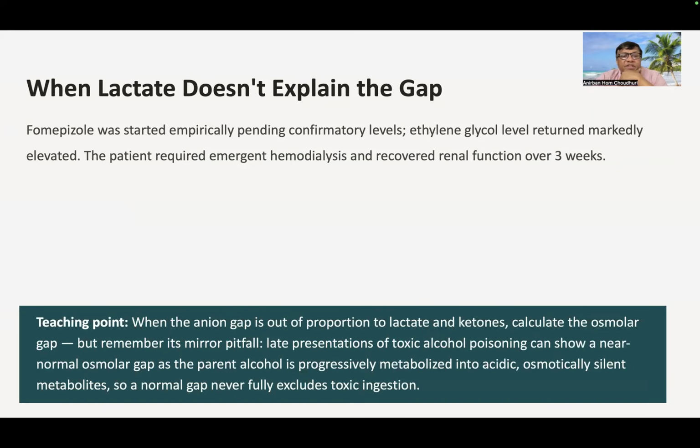What is important teaching is that when the anion gap is out of proportion to the lactate and the ketones, we should calculate the osmolar gap. But remember its mirror pitfall, because late presentations of toxic alcohol poisoning can show a near-normal osmolar gap because the parent alcohol is progressively metabolized into acidic and osmotically silent metabolites. So a normal gap never fully excludes toxic ingestion. Therefore, we have to look for the osmolar gap, and if required, take necessary measures of dialysis or drugs, etc.